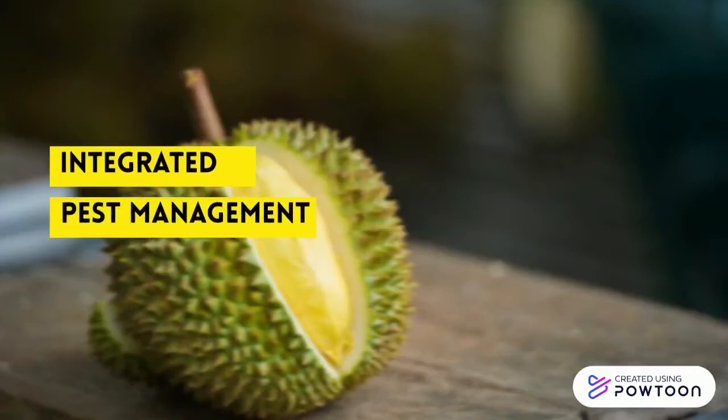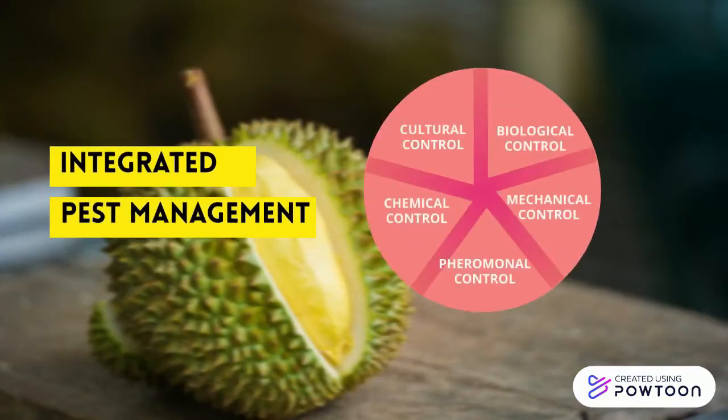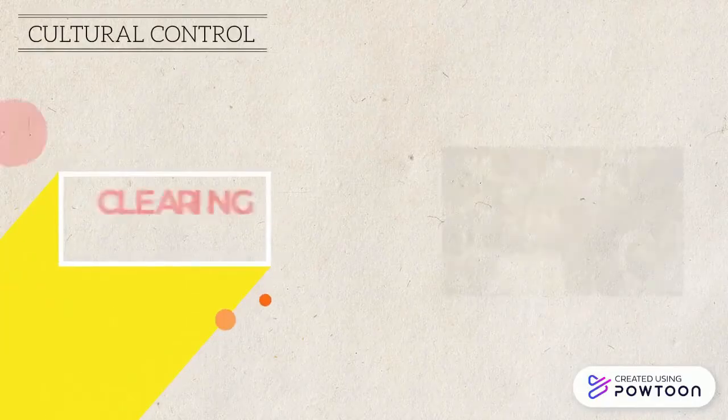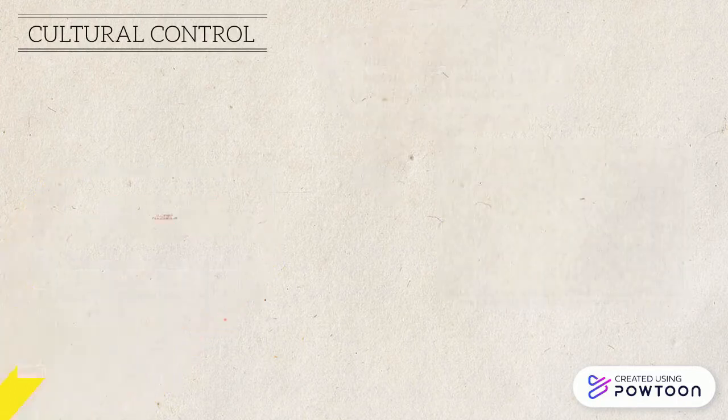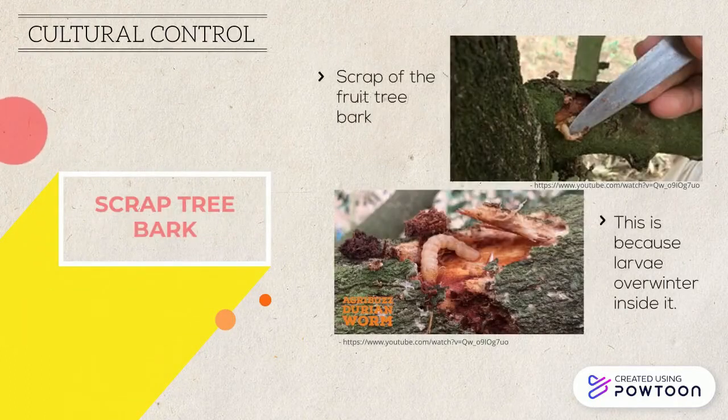We can use integrated pest management through cultural, biological, mechanical, pheromonal, and chemical control. In cultural control, clear damaged fruits by putting the damaged fruit outside the orchard to destroy the breeding sites. Next, scrape tree barks, as the larvae will overwinter inside it.